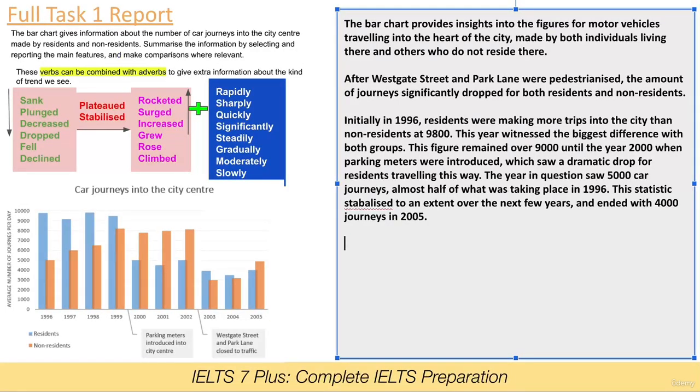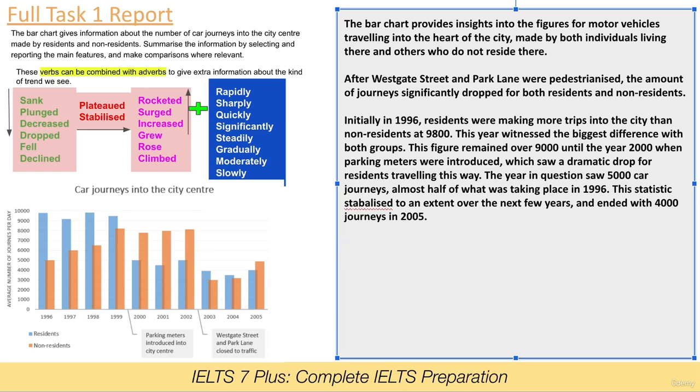Initially, in 1996, residents were making more trips into the city than non-residents at 9,800. This year witnessed the biggest difference between both groups. This figure remained over 9,000 until the year 2000, when parking meters were introduced, which saw a dramatic drop for residents travelling this way.